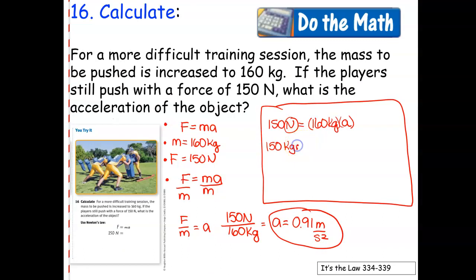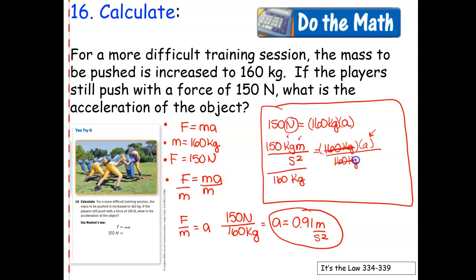So we get this as meters per second squared. So force equals mass times acceleration equals 160 kilograms times acceleration. We take both sides and divide by 160 kilograms to get acceleration all by itself.